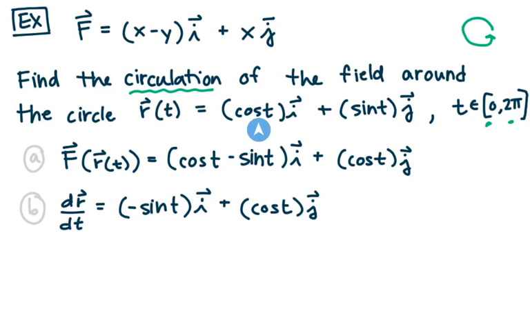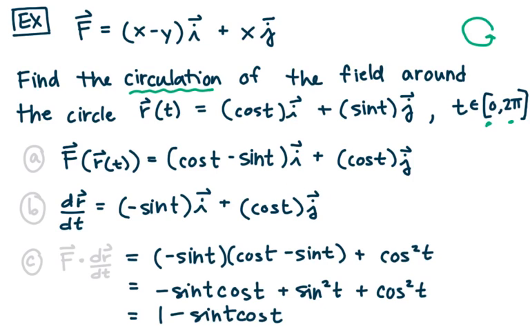My derivative of cosine gives me negative sine t. My derivative of sine in r gives me cosine t. So I have negative sine t i plus cosine t j. So now let's dot each of these, which is just the product of each component summed together.